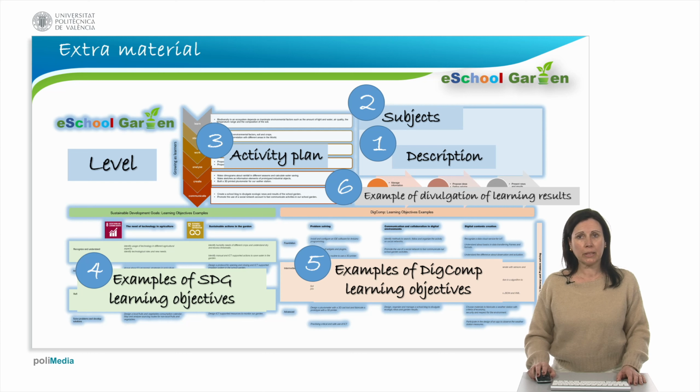Number 4 gives some examples of working on Sustainable Development Goals learning objectives. Number 5, again, are examples of working on digital skills, but now based on the European Framework of Learning. And number 6 is an example of how students divulge their learning results to the school community, making them participants of the learning process too.